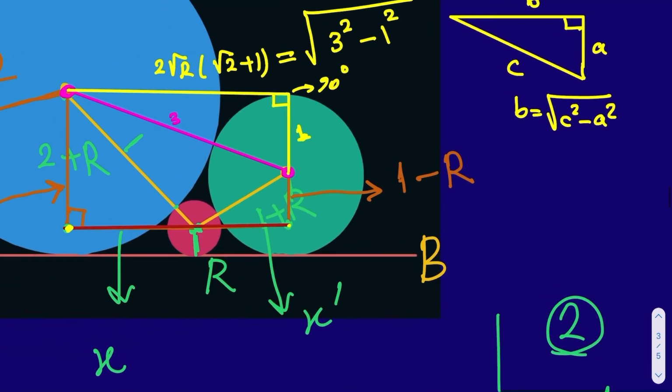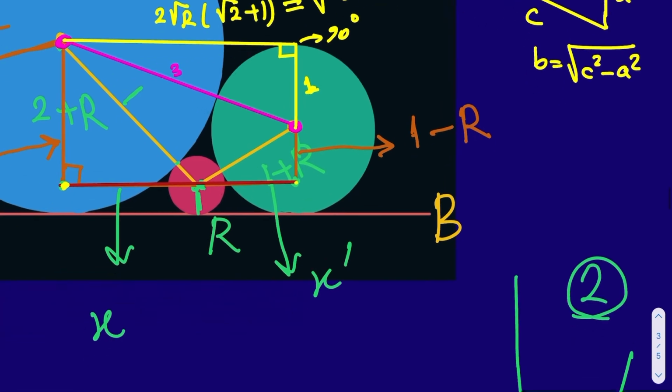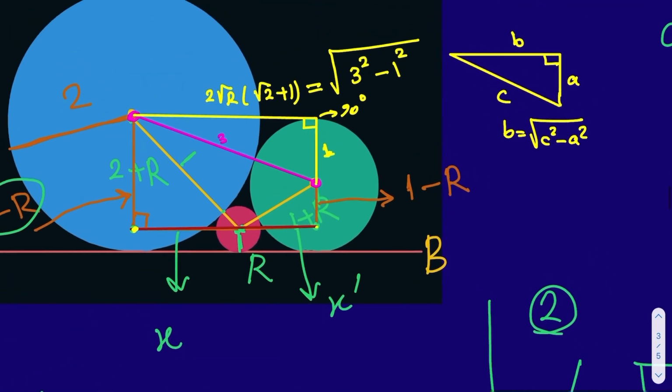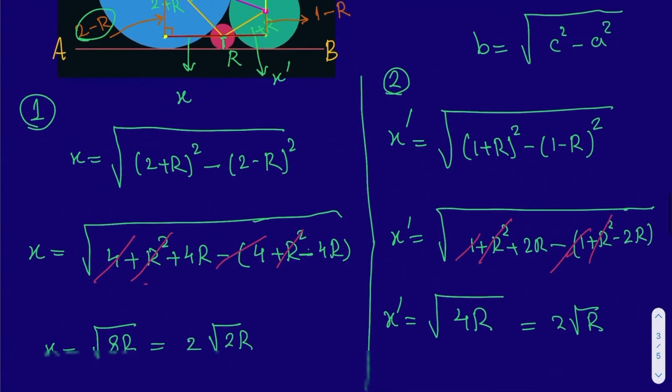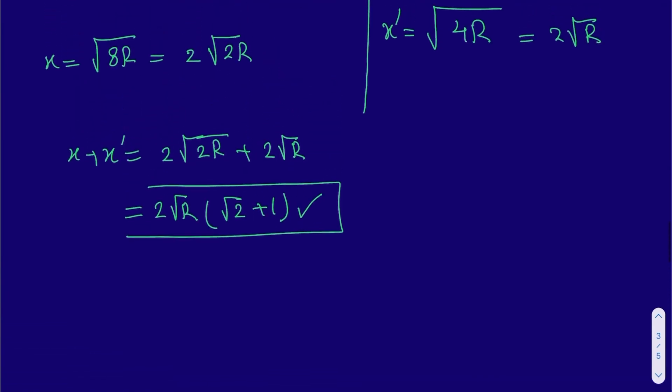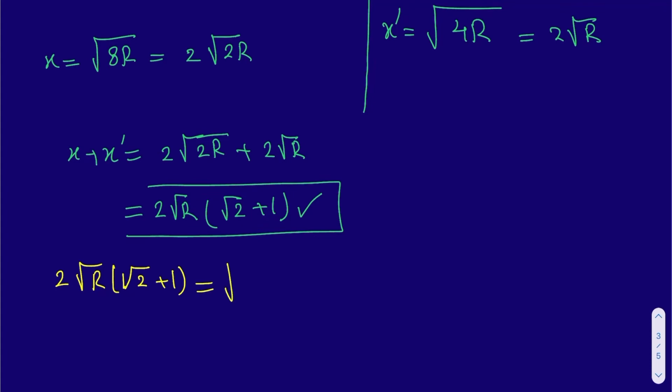Now I will try to find the value of r from this new equation that I have found. Let me write it down below this calculation here. It will be equal to 2 square root of r times square root of 2 plus 1, which is equal to 3 to the power of 2 minus 1 to the power of 2, and that will be equal to square root of 8.